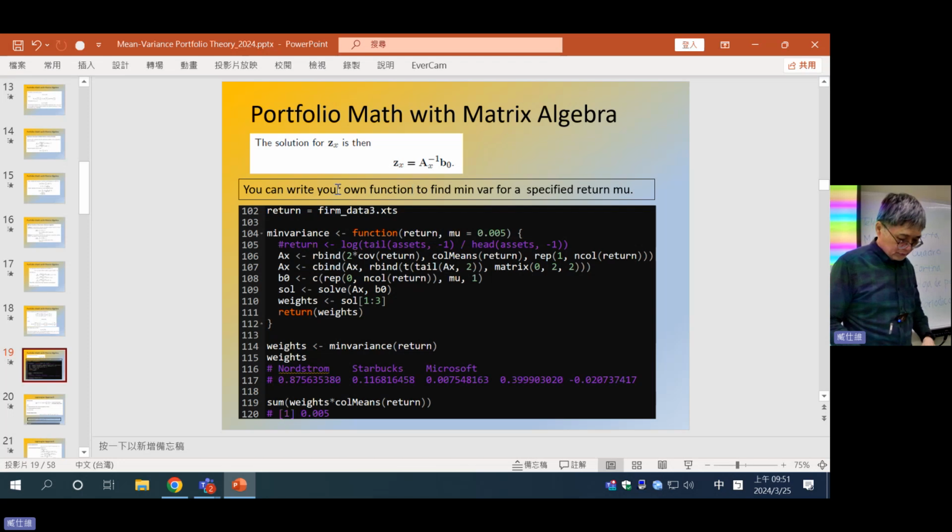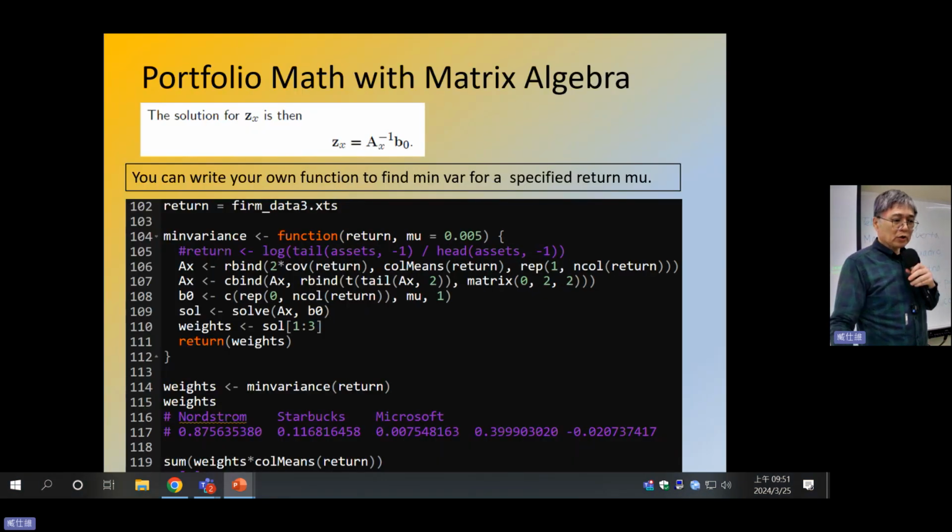So I call this ferndata3.xts, but don't worry about the xts, because I just converted the data into a time series data set. So don't worry about that. I just need you to focus on this.